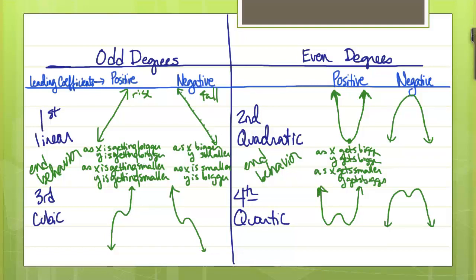When they're flipped over in the reflection in the negative a, now as x gets bigger, y gets smaller, and the same thing with the y. As x gets smaller, y gets smaller.